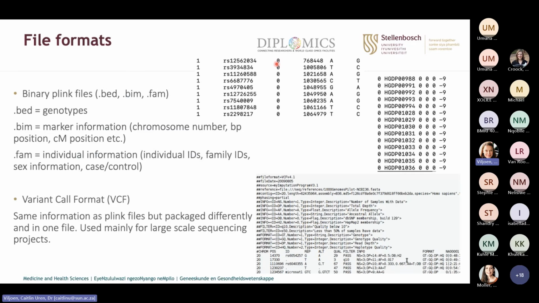Sometimes your files won't have RSIDs, so generally it's good practice to annotate your genotyping files with RSIDs. An RSID is just a number given to that particular site, that particular variant, to ID it.